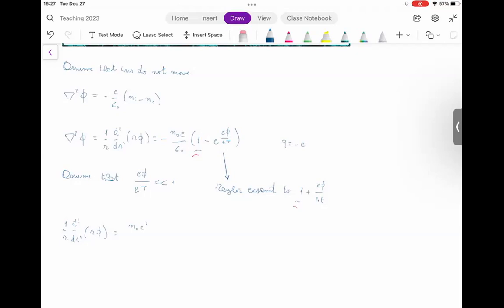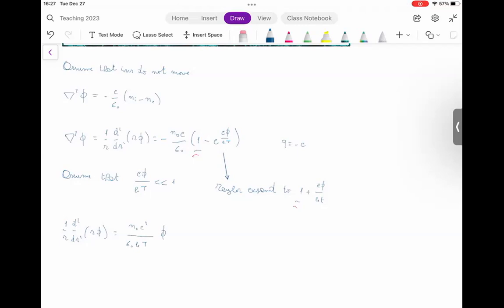I'm going to put in the side by itself. Then I have epsilon 0 kT, and that's all there is, times phi.